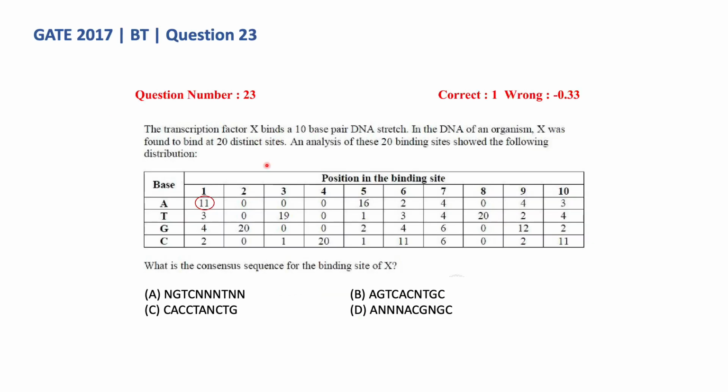Now coming back to our question, we need to analyze the 20. They've given the position weight matrix for the 20 binding site sequences, and we just have to identify the sequence of the binding site.